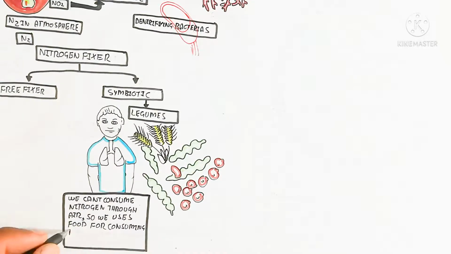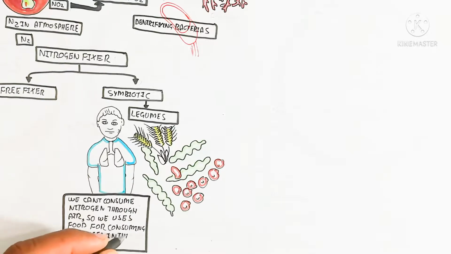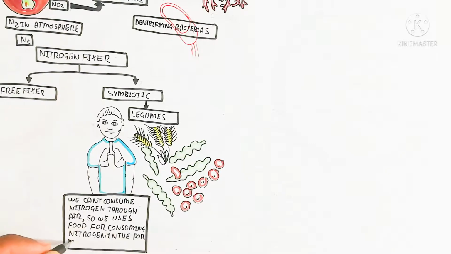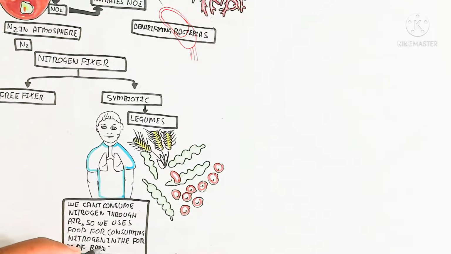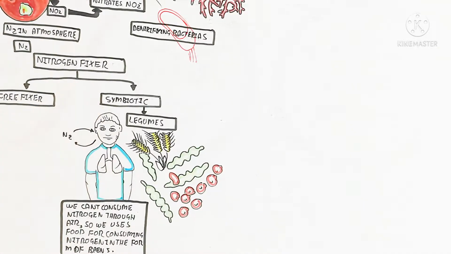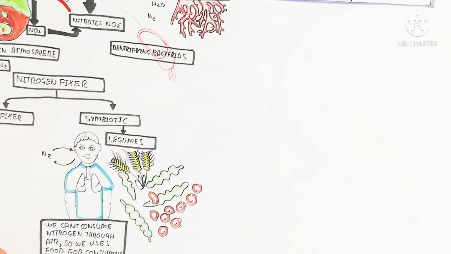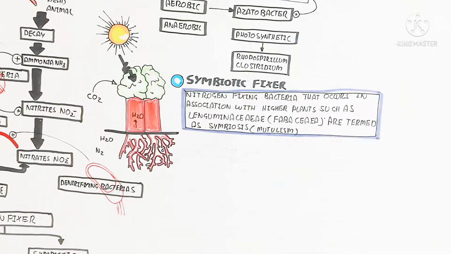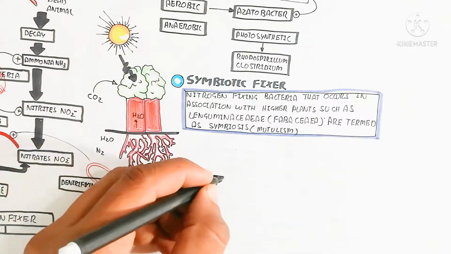We can't consume nitrogen through air, so we use food, such as beans, to consume nitrogen. When we inhale nitrogen and exhale it, it is not useful to us.